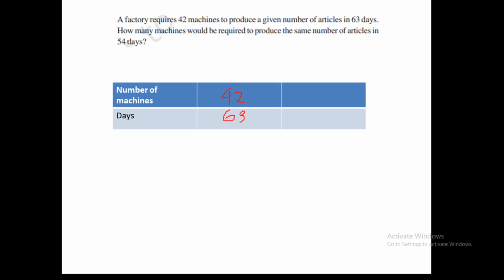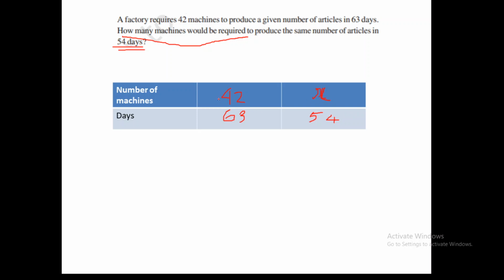Okay. Now how many machines will be required? They want to produce the articles within 54 days. To do more work in less time, they need more machines, right? So here what proportion? Here also inverse proportion, right?